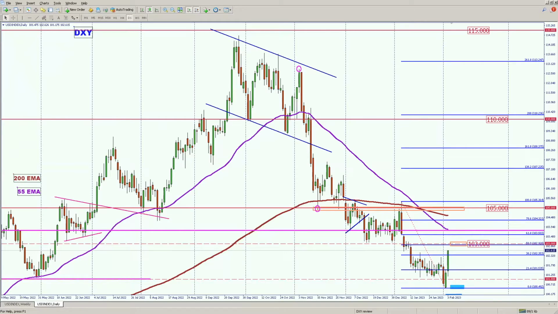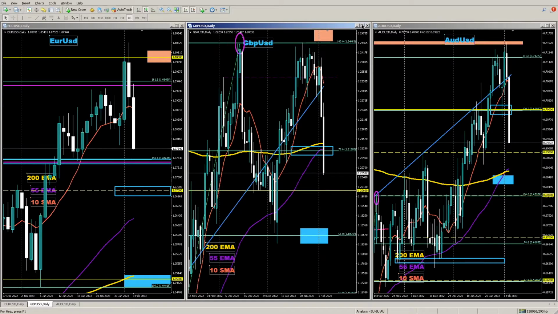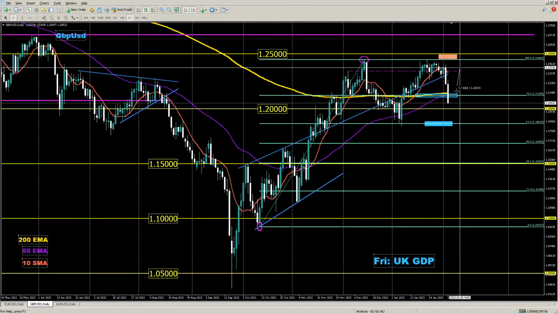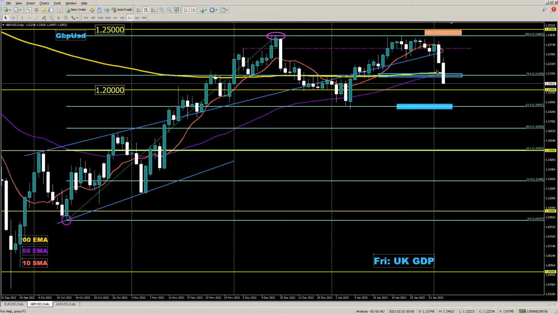Okay, so let's move back to the other major pairs. Okay, let's move on to the cable. And the cable has also suffered over the last couple of days, falling over 300 pips. And similarly, on the Thursday, the Bank of England did announce their rate decision, which was increasing by 50 basis points, similar to the ECB, but to a higher rate now.